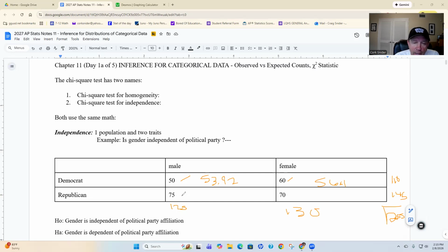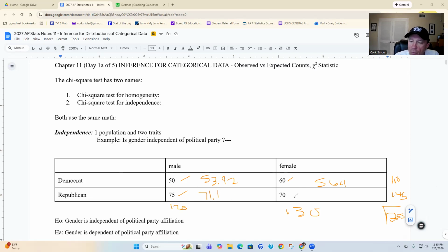Then for this one, you do 125 times 145 divided by 255, which is like 71.1.